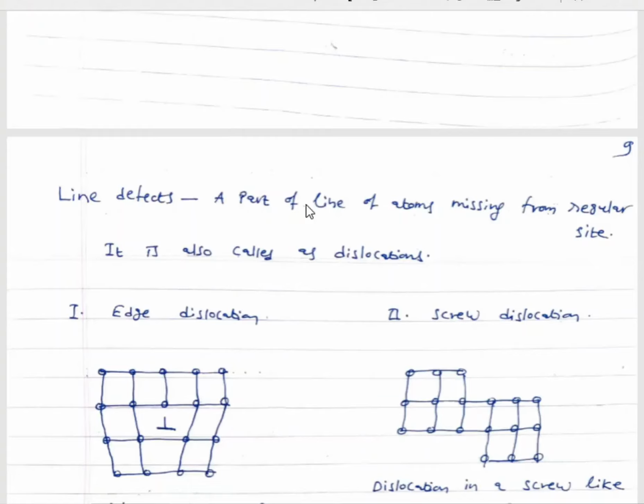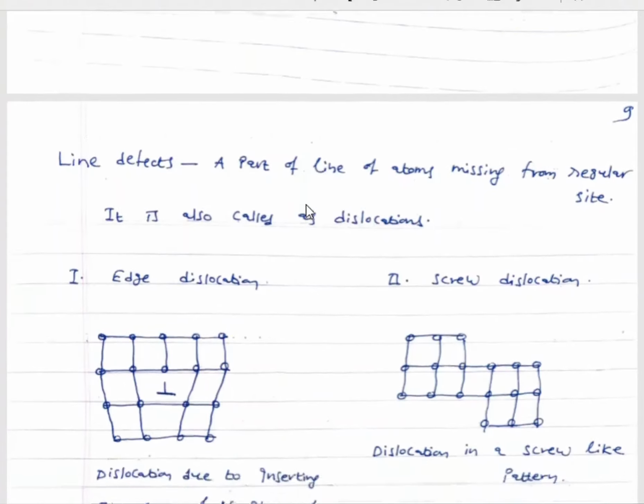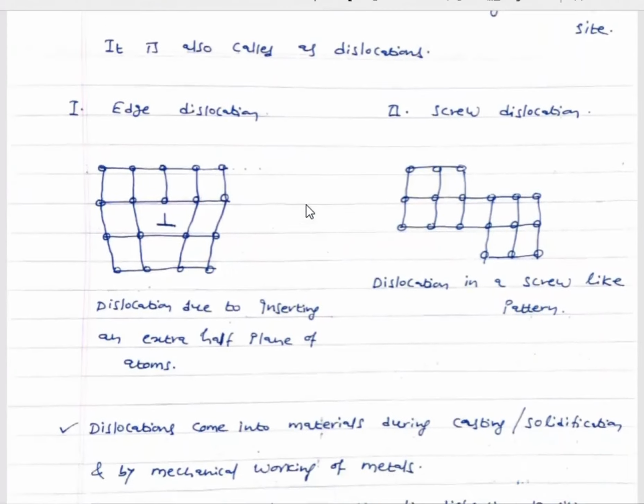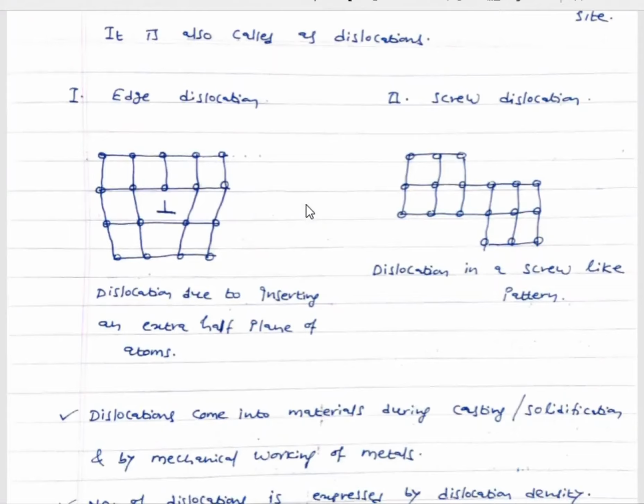That's why it is named edge dislocation. On the right hand side, the imperfection is present in a screw-like fashion, so it is screw dislocation. In edge dislocation, it seems that an extra half plane has been inserted.